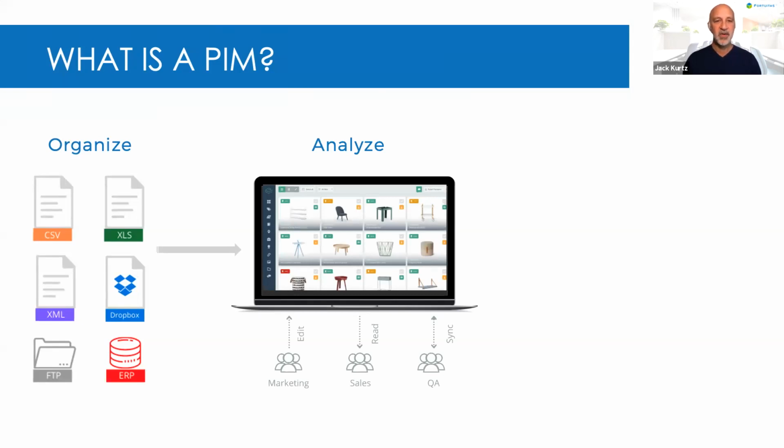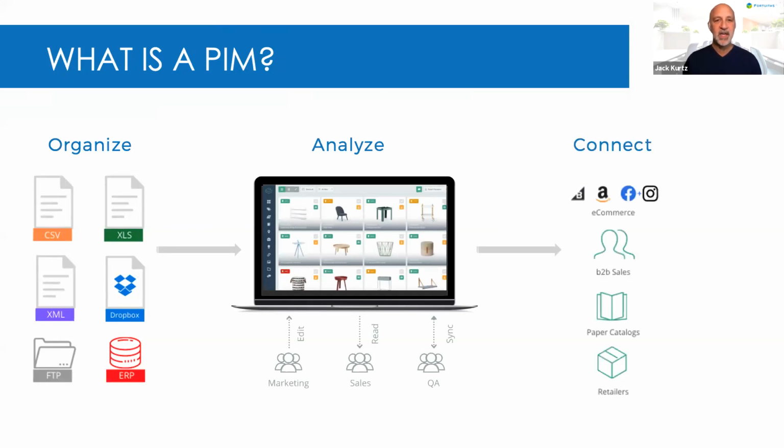The different departments in your company can work together to analyze that data, and then ultimately connect that data to all of your different sales channels, whether it's your e-commerce solution or maybe even multiple e-commerce sites, as we'll talk about in a moment, marketplaces, social media, print catalogs, all different sales channels can connect to this data in a unified fashion.